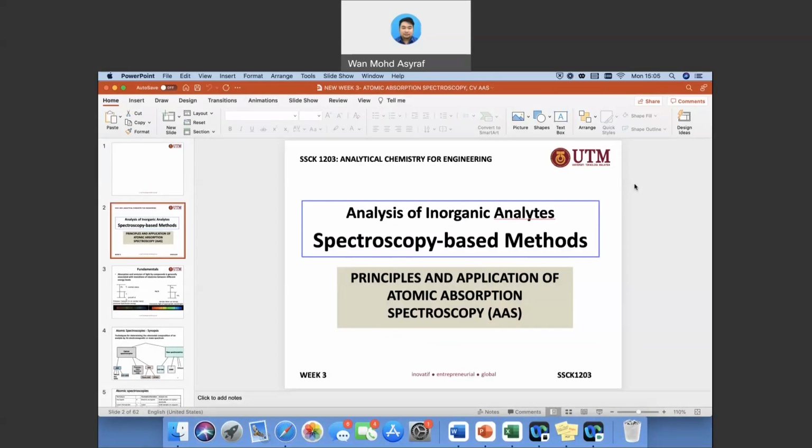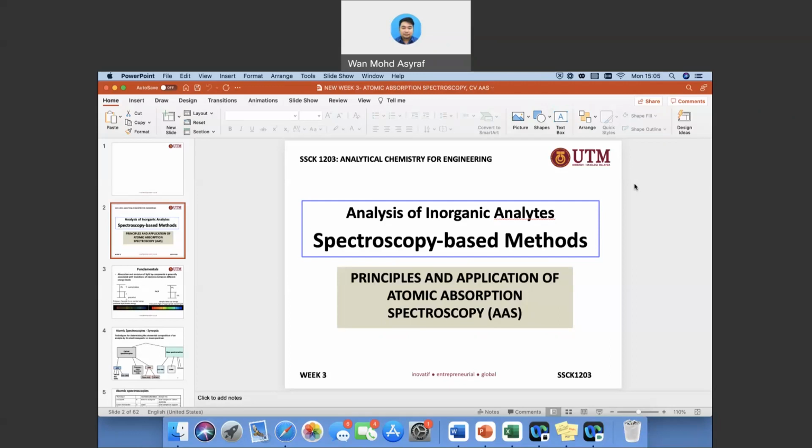Before this, we have looked into the application of UV visible in detecting paracetamol, in detecting catechin, which is a food coloring. All of these are molecular compounds which can produce a good absorption spectra for UV visible. So now we are going to look at atomic absorption spectroscopy.